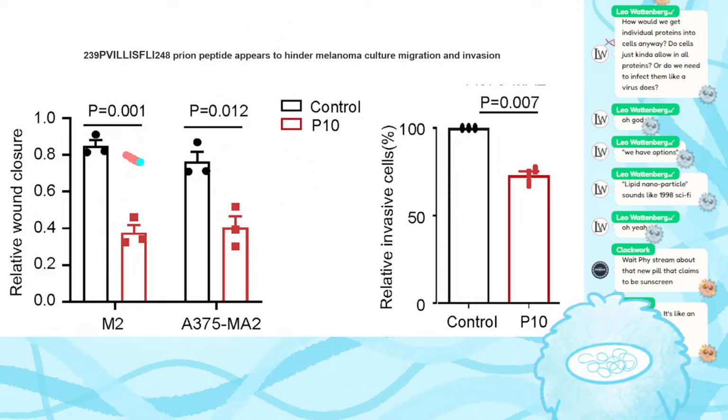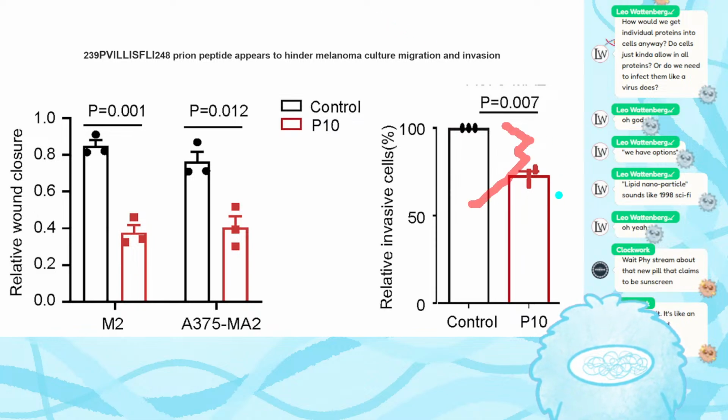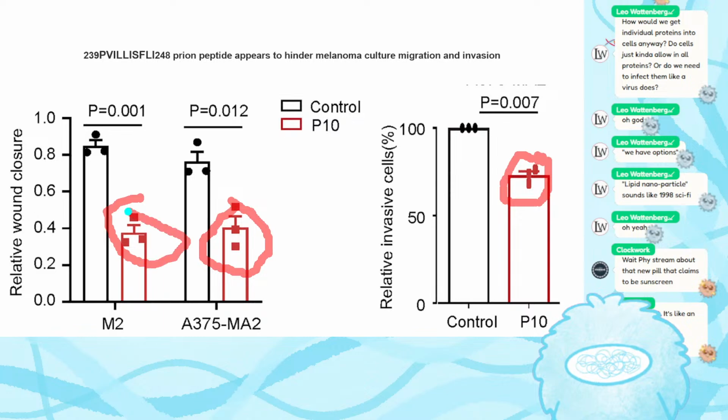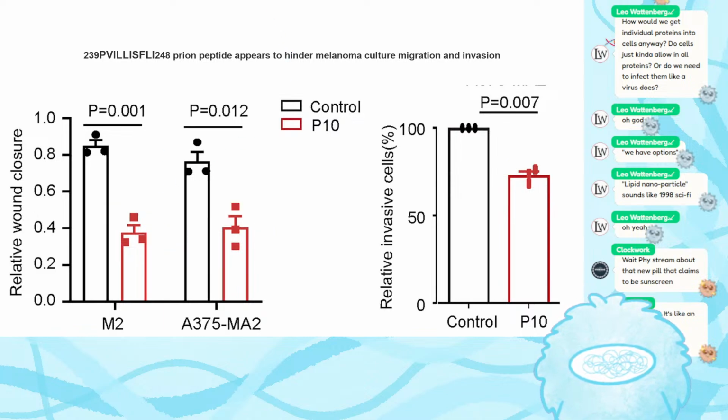So these cells are not as good at healing themselves, which is actually a good thing when we're talking about trying to fight cancer, right? And they're also less invasive. So this isn't as dramatic as not having the prion protein as a whole, but it is meaningful, right? Like, this is pretty tight. The spread is pretty tight. It's pretty consistently not as good at being cancer in a dish.